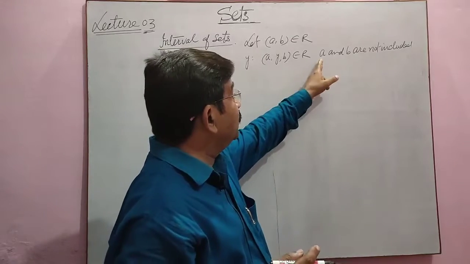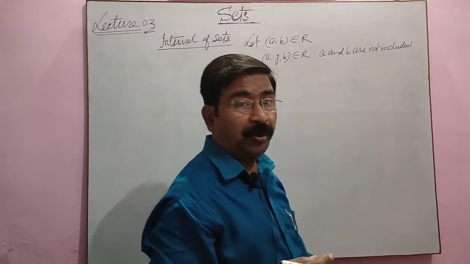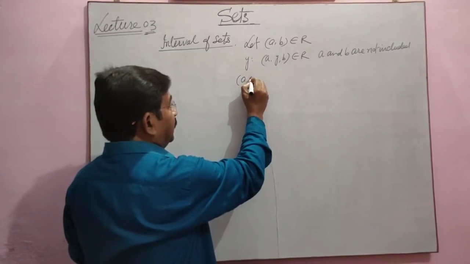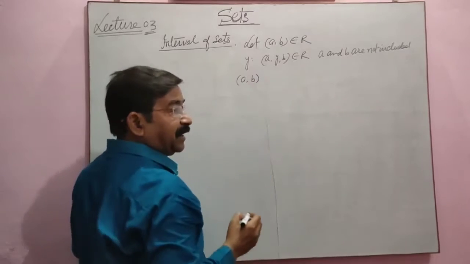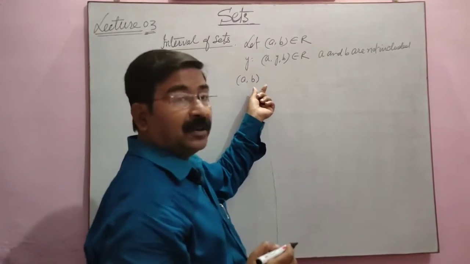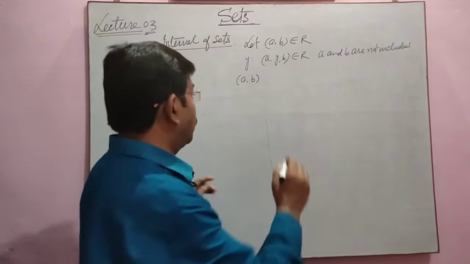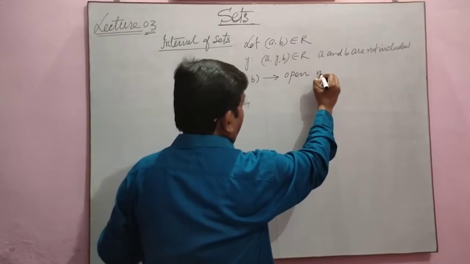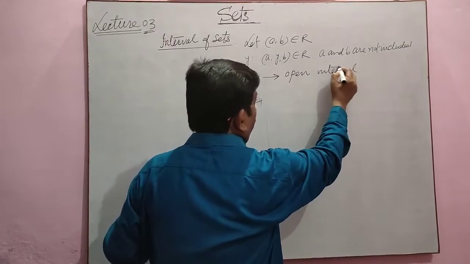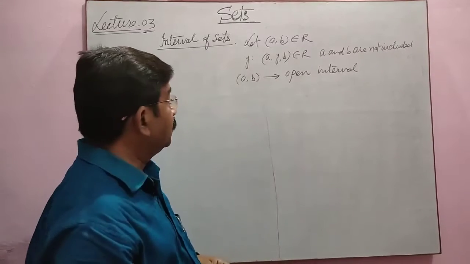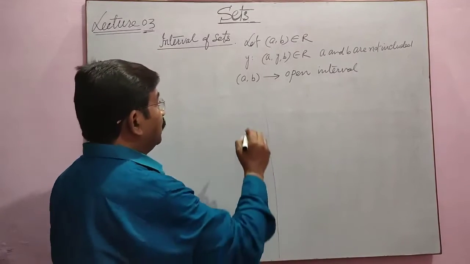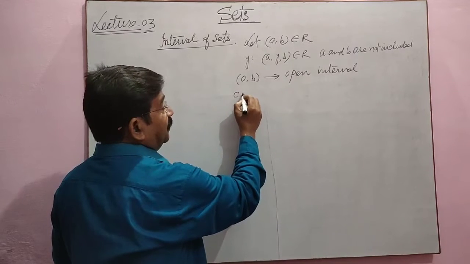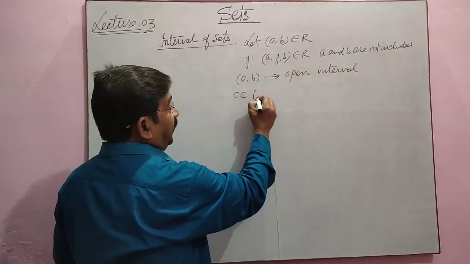When we count, A and B are not included, and if we write this (A, B) in small brackets, this interval is called an open interval.